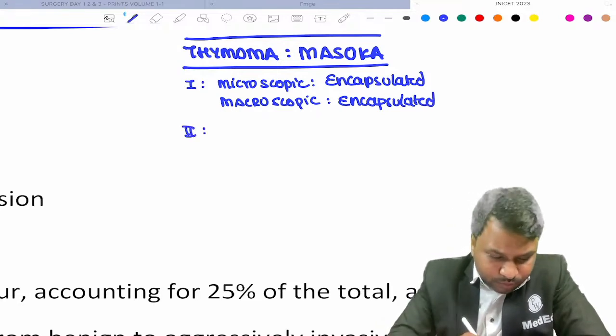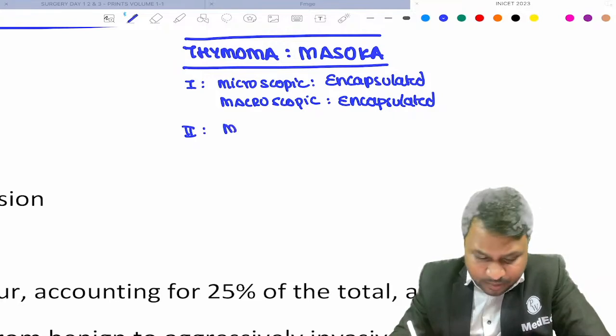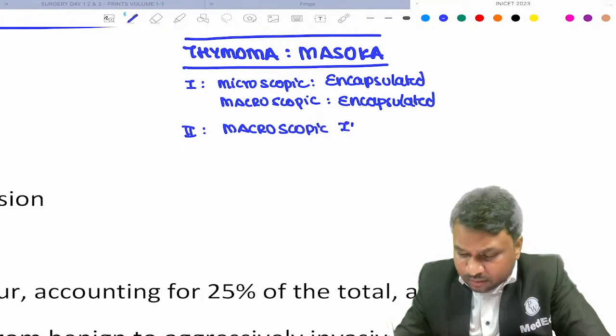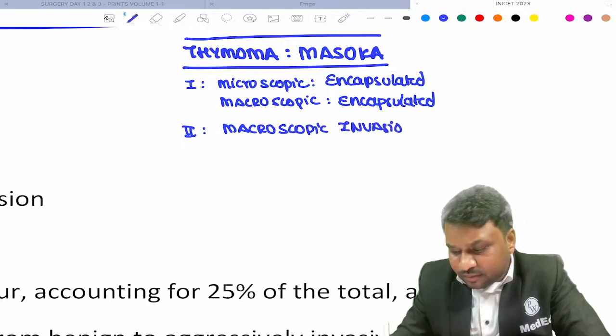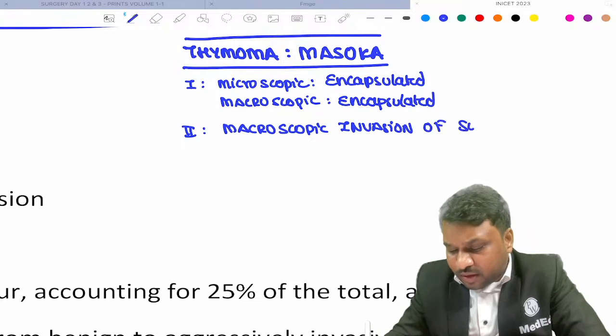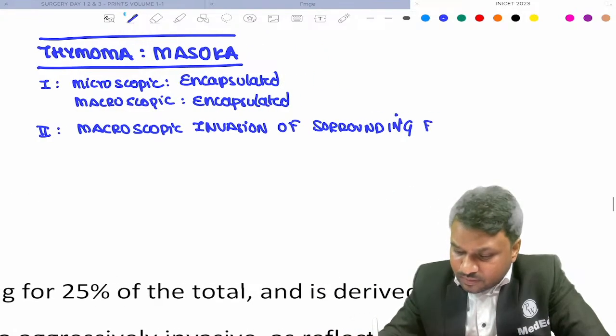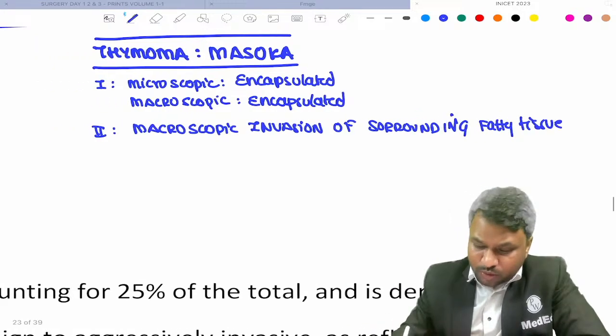In stage 2, there is macroscopic invasion of the surrounding fatty tissue. That is your stage 2.